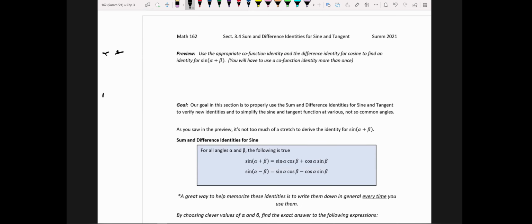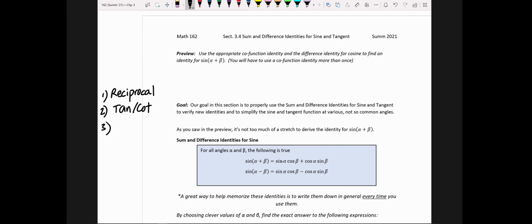Okay, so number one, we learned about the reciprocal identities. And you can go back through 3.1 through 3.3 to write down the identities, but these are just the groups. So number one was reciprocal. Number two was tan cotan.